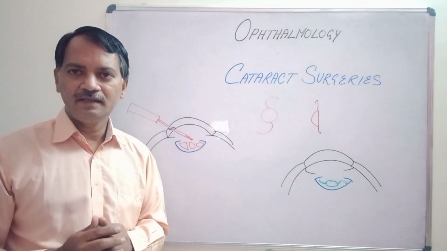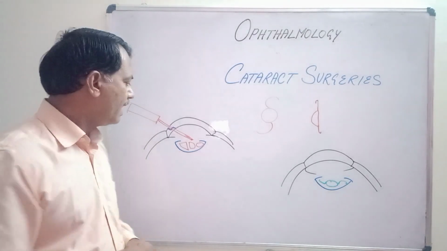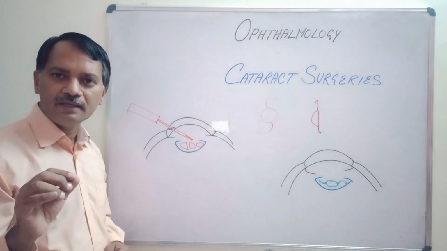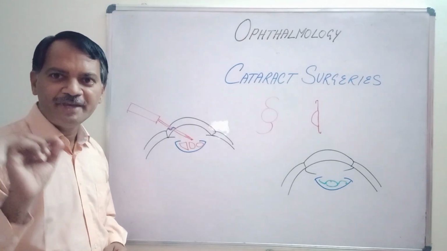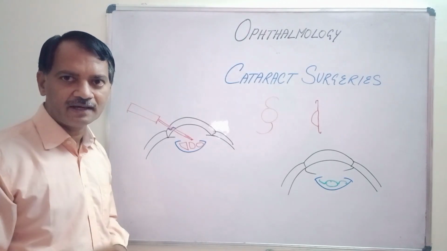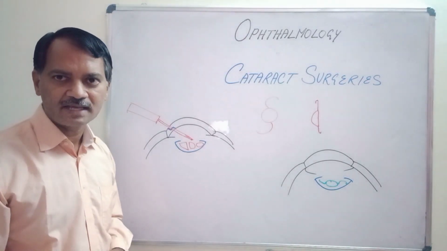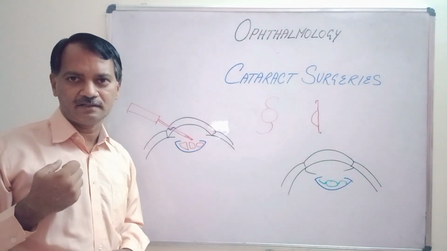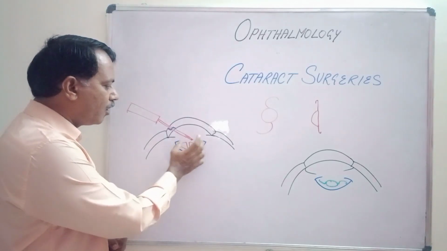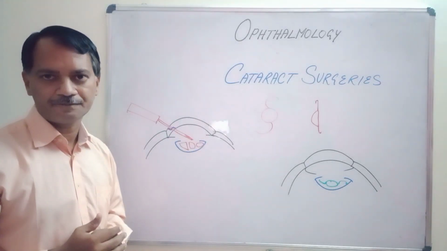We break the nucleus and cortex into multiple pieces, and we slowly eat each piece using that ultrasonic probe. The phacoemulsifier emulsifies each of these pieces and aspirates it into the machine. That way we remove all the cataractous portion from the capsular bag.